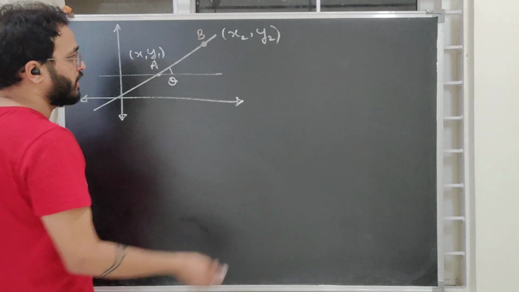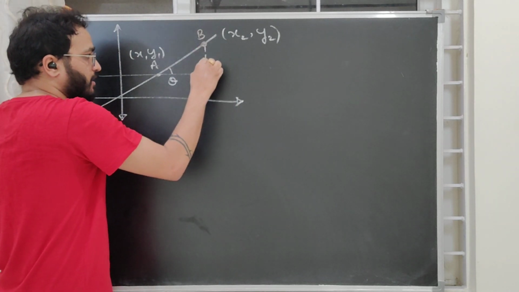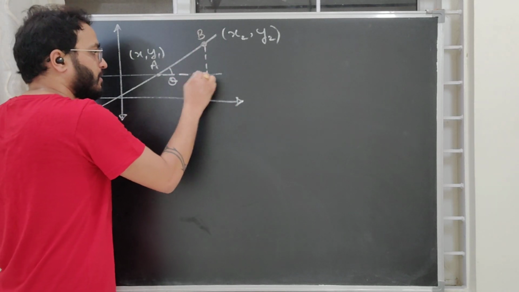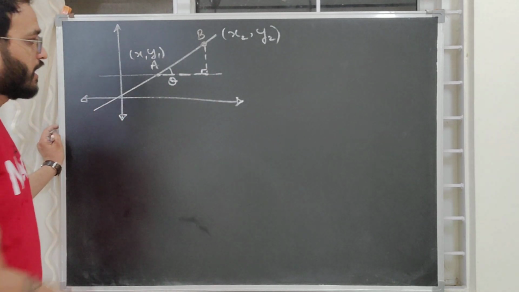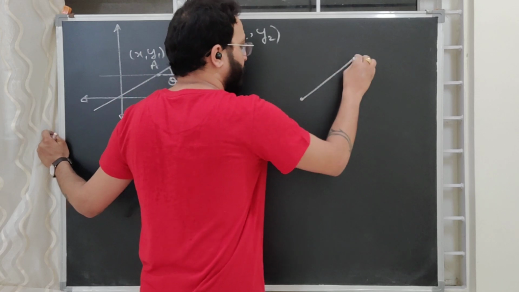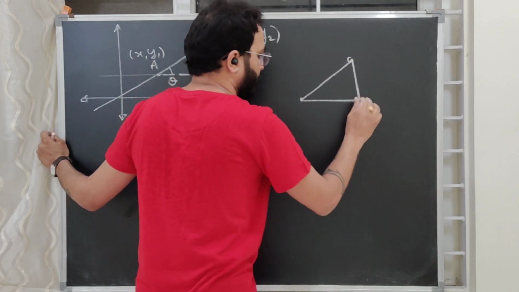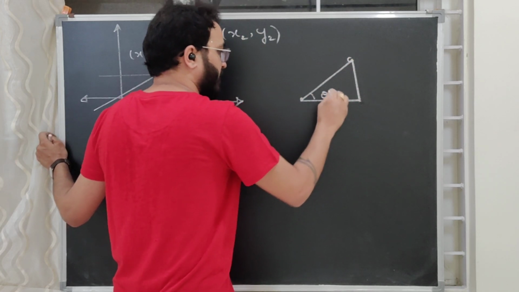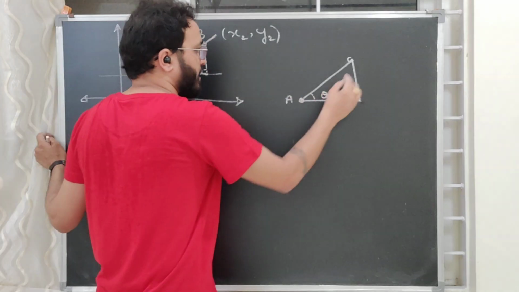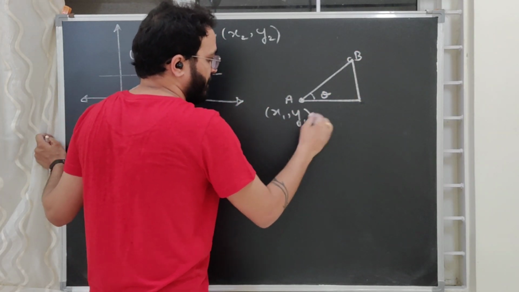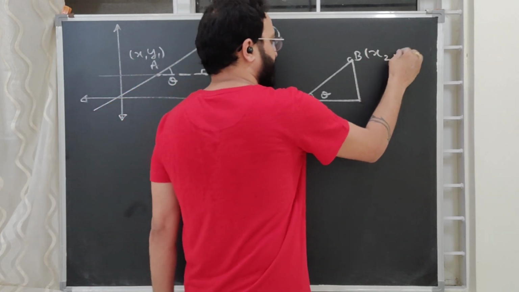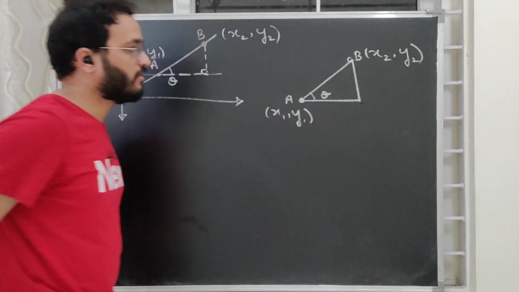Now, if you can see this triangle, you see this is a right angle triangle. Right. Let me take out this triangle from here. This is theta and this is point A, this is point B and this is x1, y1 and this is x2, y2.